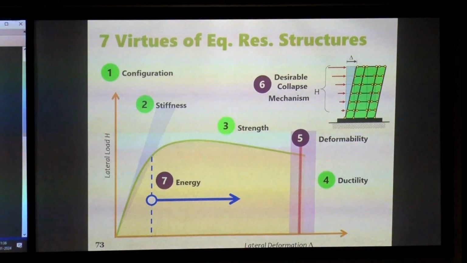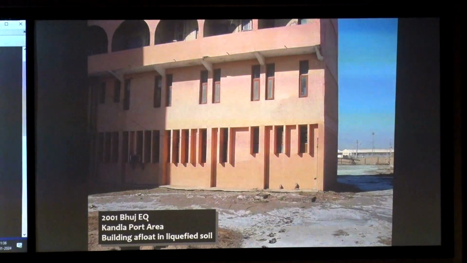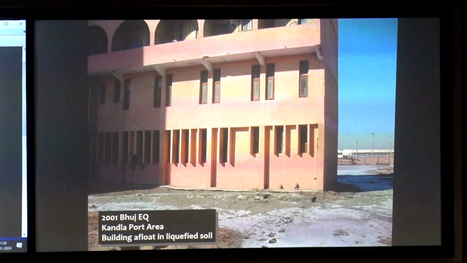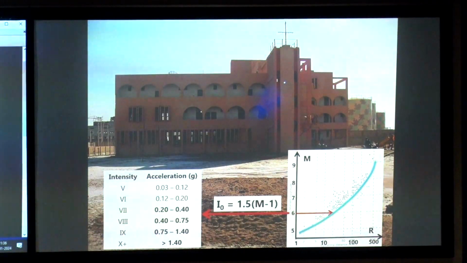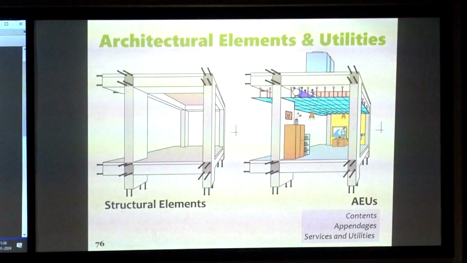As a first step, of course, we need to start with the right estimate of hazard, and that is what we are doing. But that's not enough. There will be surprises and situations like this, and that is where it's not just structural design, but geotechnical aspects also play an important role in earthquake-resistant design.